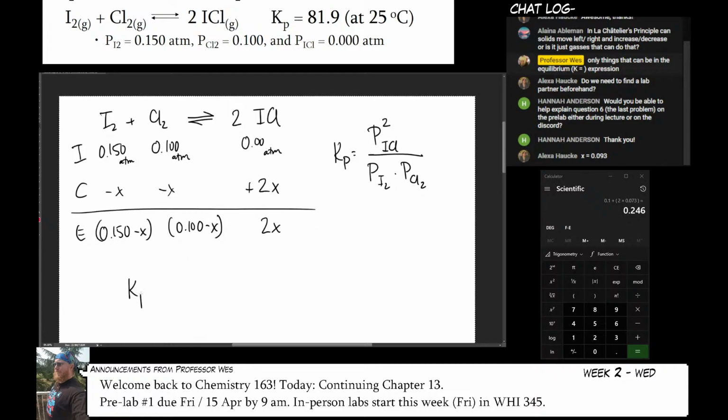So Kp equals P squared for ICl, so that would be this squared, divided by each of the pressures. All right.